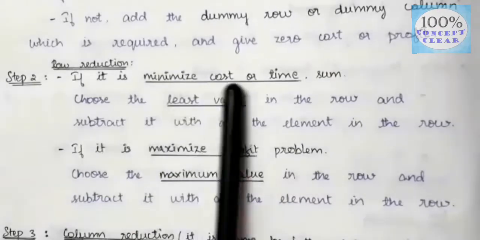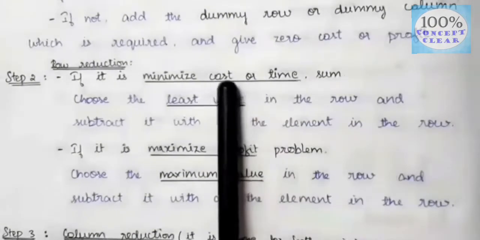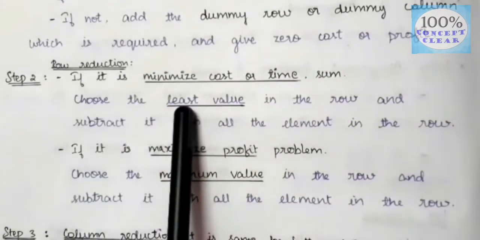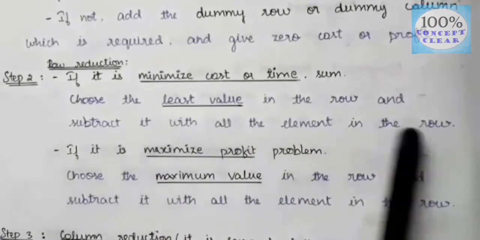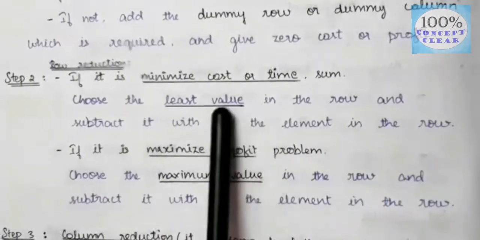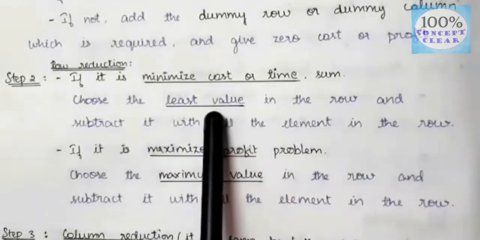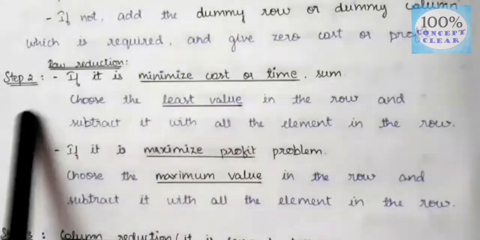If it is minimum cost or time, that is if we are asked to find the cost or time in minimum, choose the least value in the row and subtract it from all the elements in the row. So we have to find the least value in each row and subtract that from the other elements in the same row.